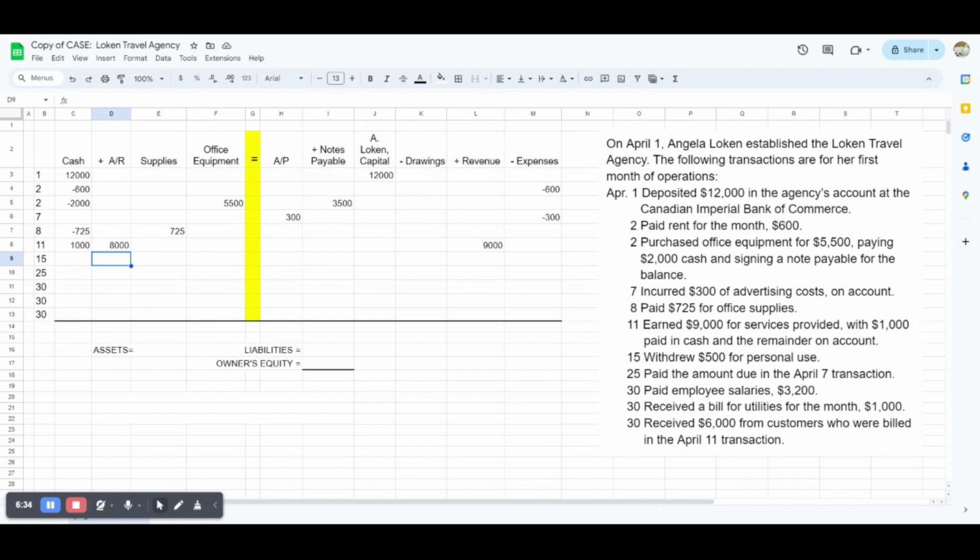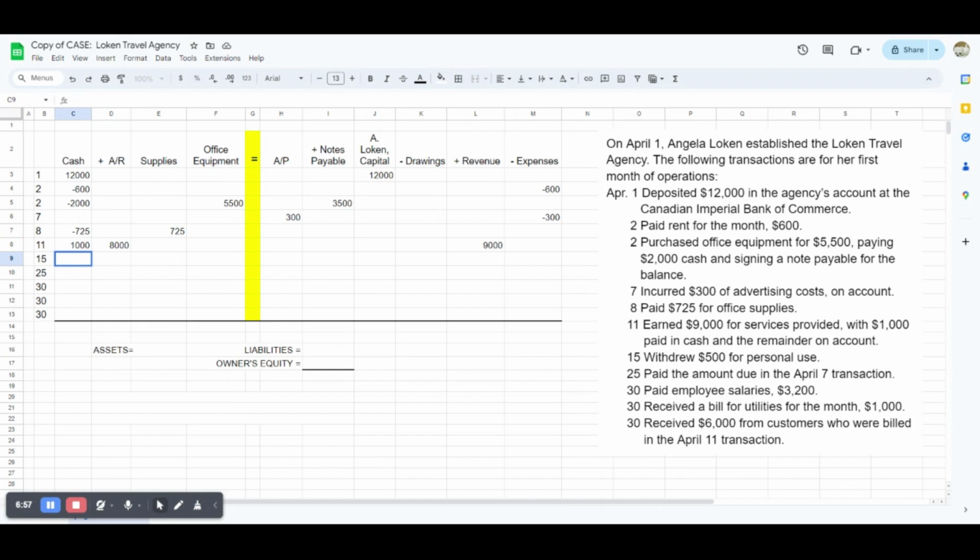Now, on April 15th, withdrew $500 for personal use. Okay, so remember whenever you withdraw something and it's for personal use, the cash and drawings are going to be affected. So cash, how much did he take out of the company?